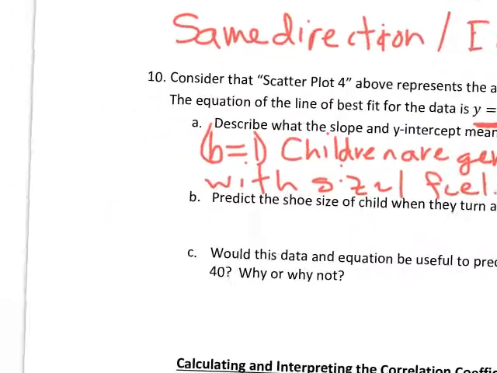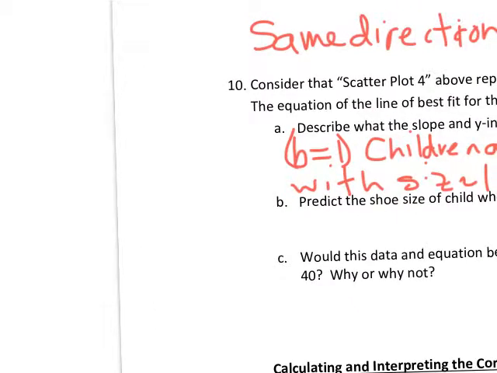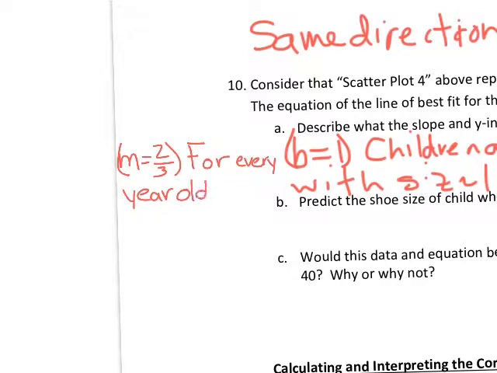So m equals 2/3 is going to tell us for every year older, their feet grow 2/3 of a size.